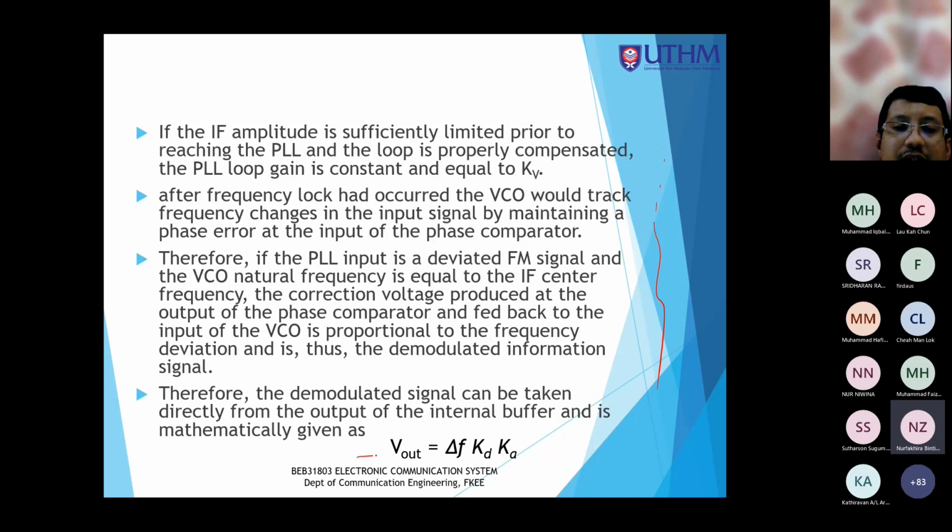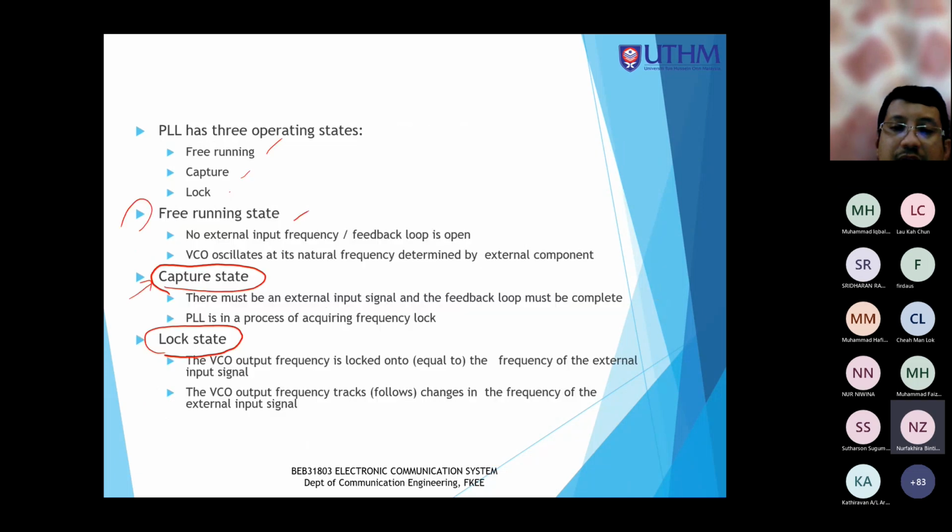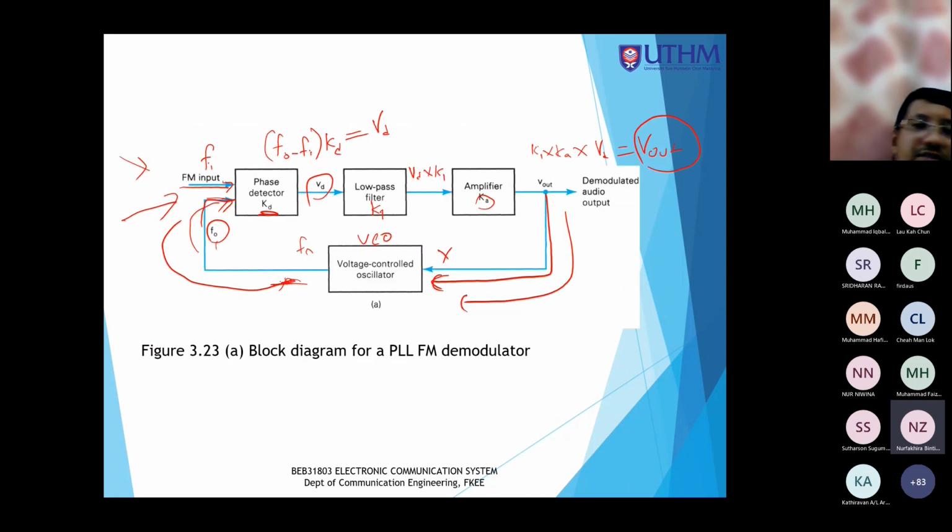You see that V out is equal to delta F KD over KA. What is delta F? Delta F is the frequency difference. In other literature books, they also use delta theta, either frequency difference or phase difference.